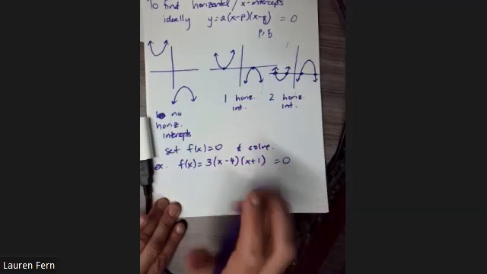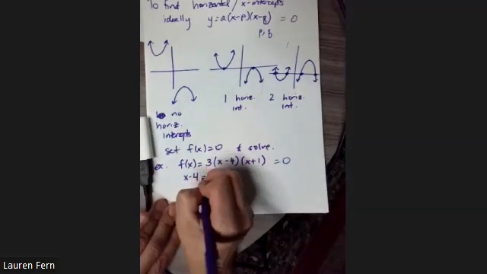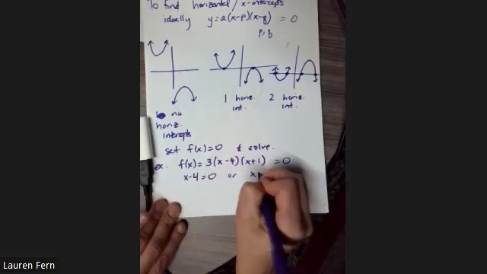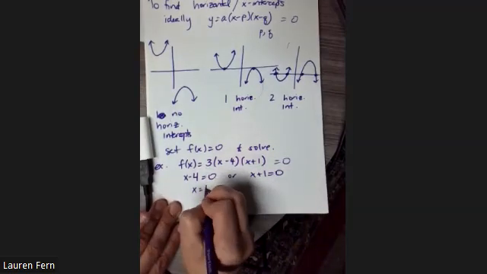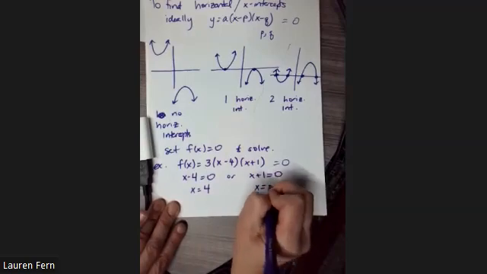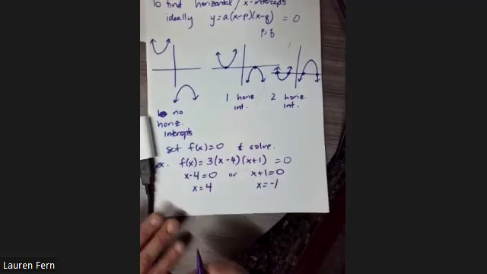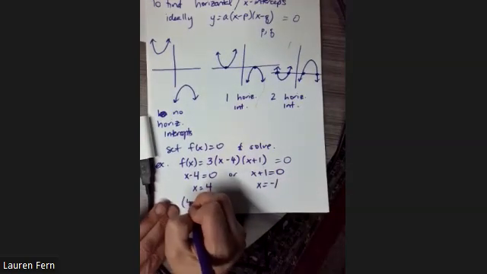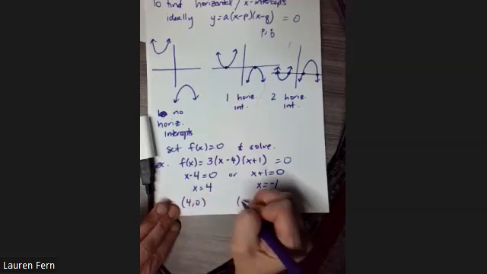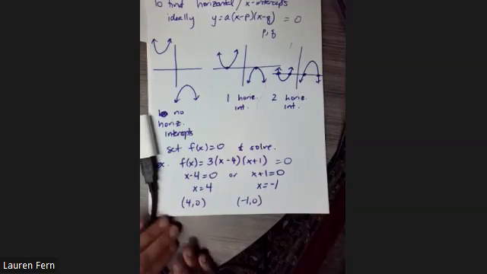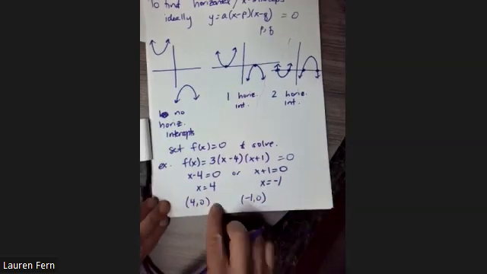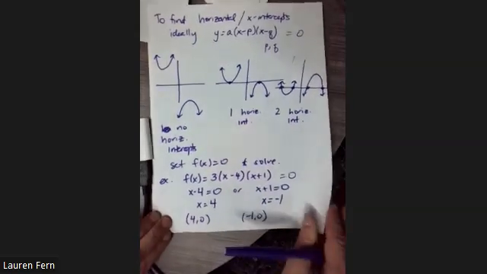Okay, we're going to use our 0 property, and we're going to say either our first term is 0 or our second term is 0. And we can solve each of these for x. So we have 2 x-intercepts here, 4 and -1. Okay, this is a sweet situation. This is an example where we have 2 intercepts.